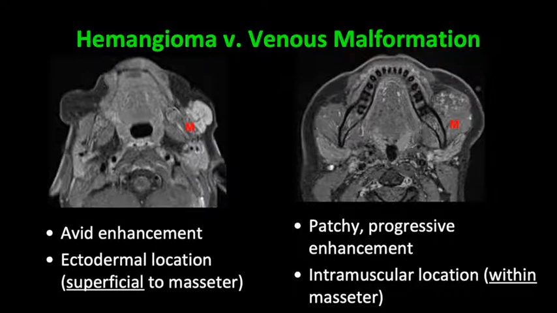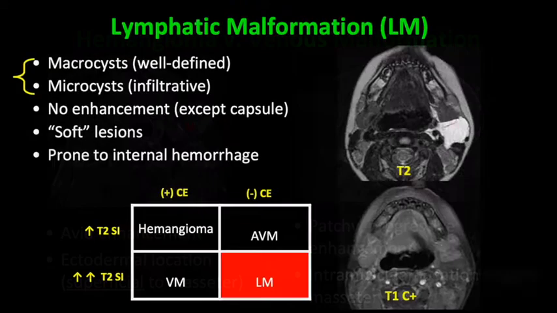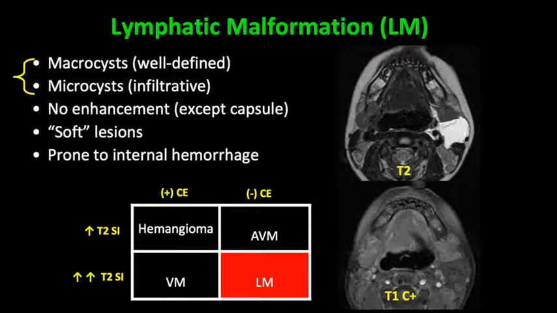The skin and subcutaneous soft tissues are fair game for hemangiomas, and this lesion on your left is sitting superficial to the masseter, whereas the venous malformation on your right is intramasseteric, again a very common location for venous malformations. Even though this is a contrast enhanced image, there's only very patchy contrast enhancement within this venous malformation. All right, let's move to our next vascular malformation, the lymphatic malformation.